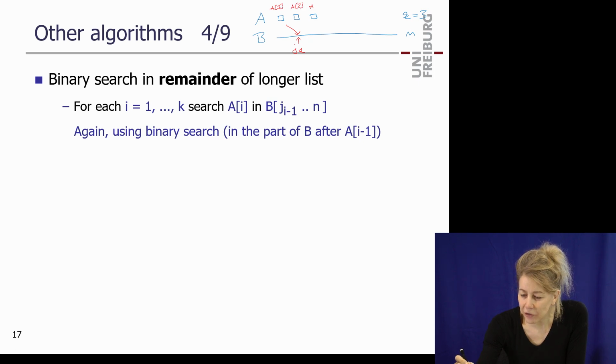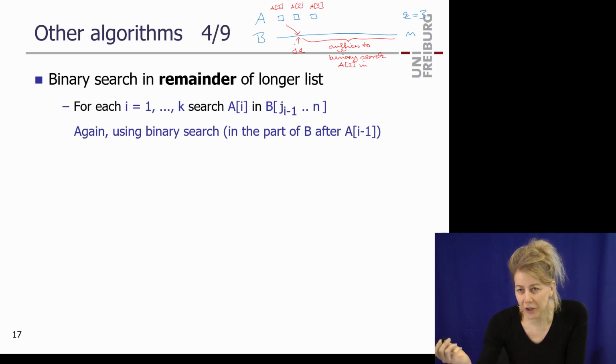Since these lists are sorted, it suffices to binary search A2 in this range.